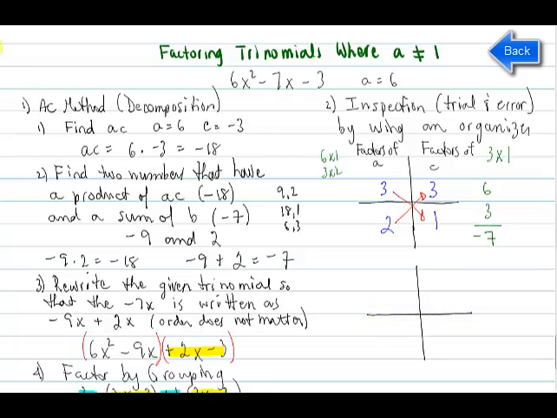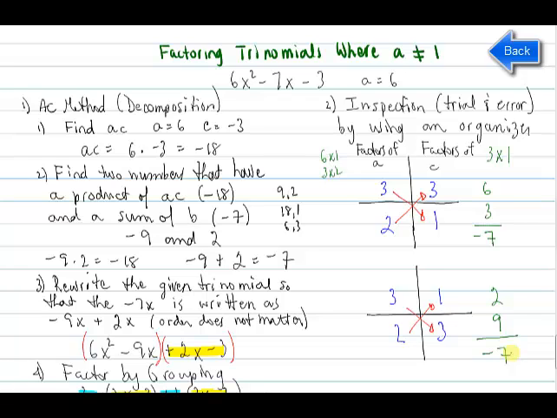Okay? And I'm still pretty sure that I'm going to use that 3 and the 2, so I'm going to leave that. What I'm going to do now, instead of putting the 3 and the 1 stacked in this way, is stack it 1 and 3. And I'm going to cross multiply again. And so 2 times 1 is 2, and 3 times 3 is 9. And can I get negative 7 from this?